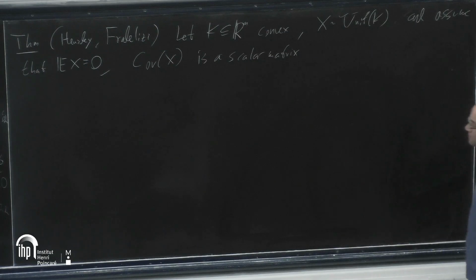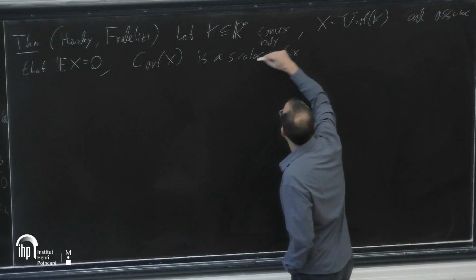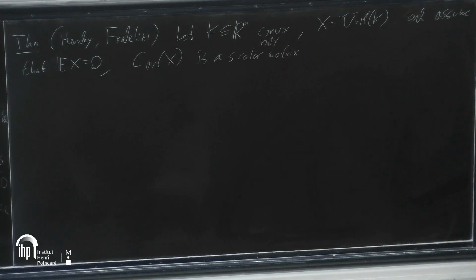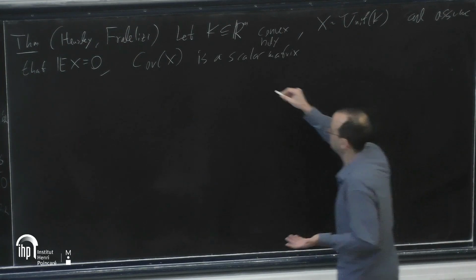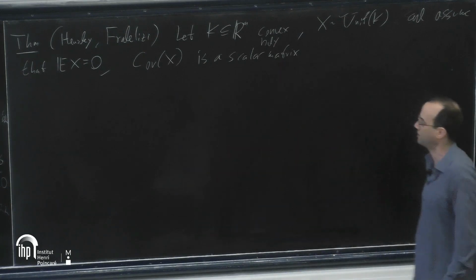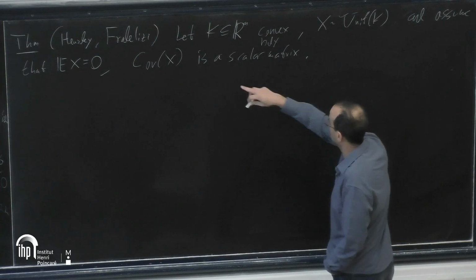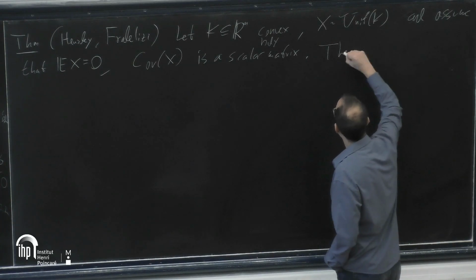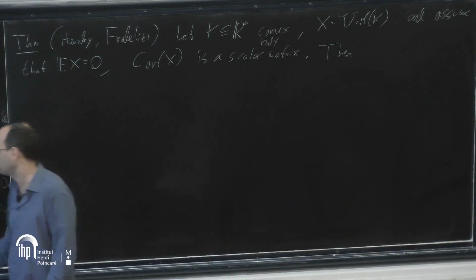As we said, I think, sometime this week, whenever you have any convex body, body meaning compact, with non-zero and finite volume, you can apply some affine transformation and make the covariance matrix a scalar matrix. So this is just choosing the right position. And the nice thing about this condition is that it gives quite a strong regularity property for volumes of hyperplane sections.